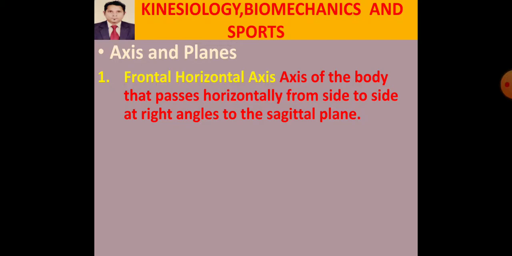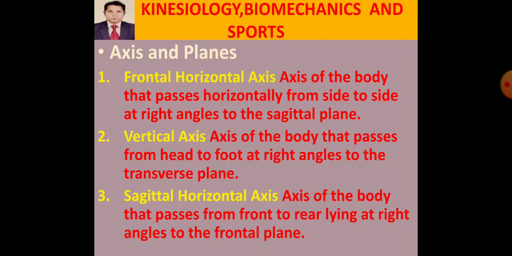According to these, we will learn the movement. The vertical axis and sagittal horizontal axis we have seen. The frontal horizontal axis is the axis of the body that passes horizontally from side to side and at right angle to the sagittal plane.